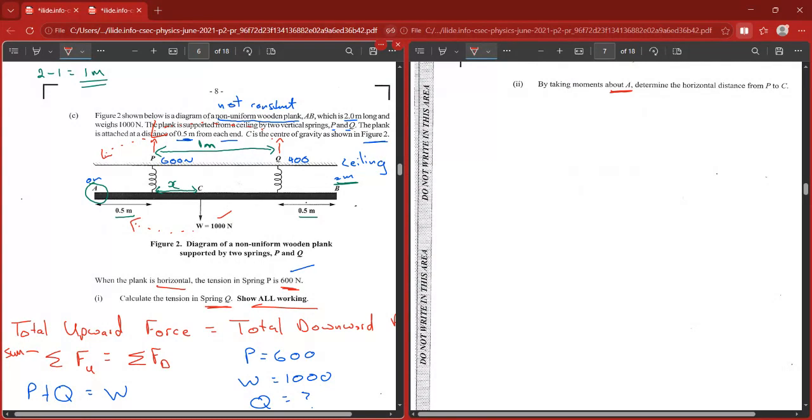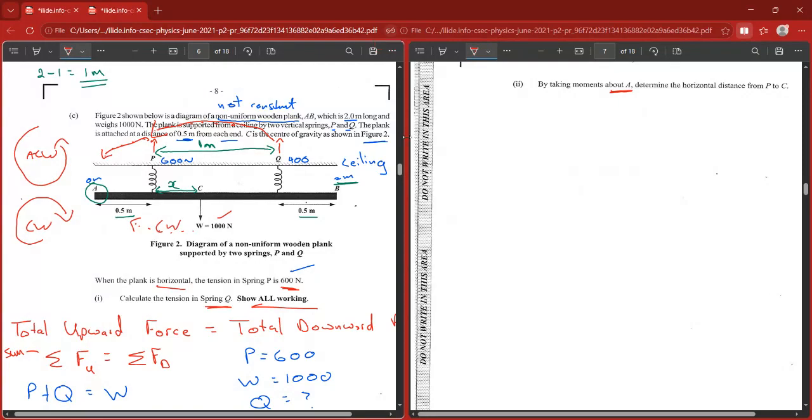So from this, what are my clockwise and anti-clockwise moments? You have to think about it like this. This is P, going in this direction. That is anti-clockwise. Q, since that's upward and bending towards A, will be anti-clockwise as well. Anti-clockwise is this direction. Clockwise is this direction. So W will be clockwise.